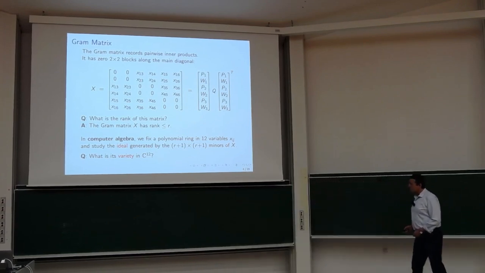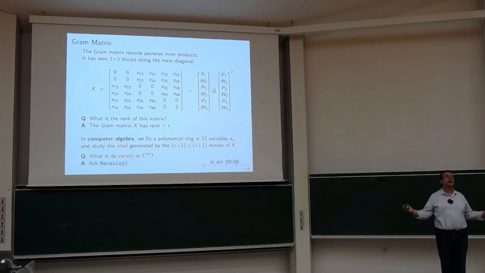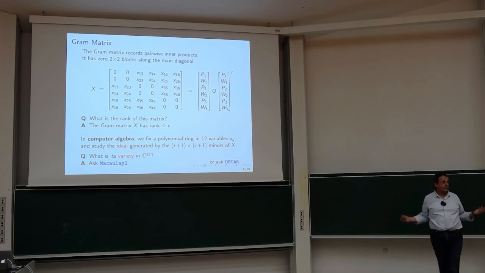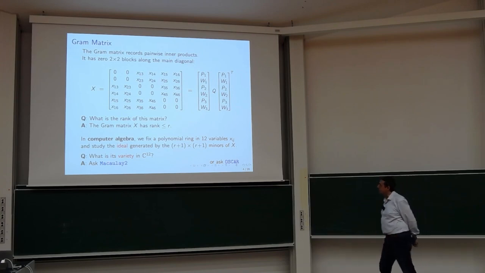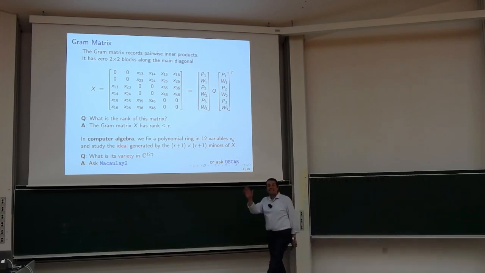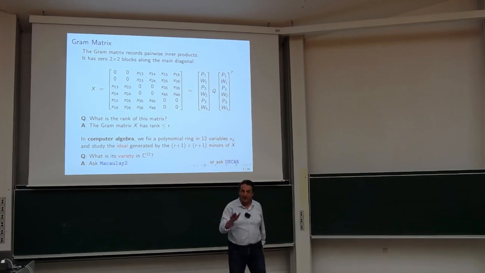So what is this variety? How should you study this? Well, you should use computer algebra, right? If you're using Mathematica, you try Mathematica or Sage. In my community, Macaulay 2 is pretty popular. OSCAR is increasingly popular. OSCAR is the German computer algebra system.